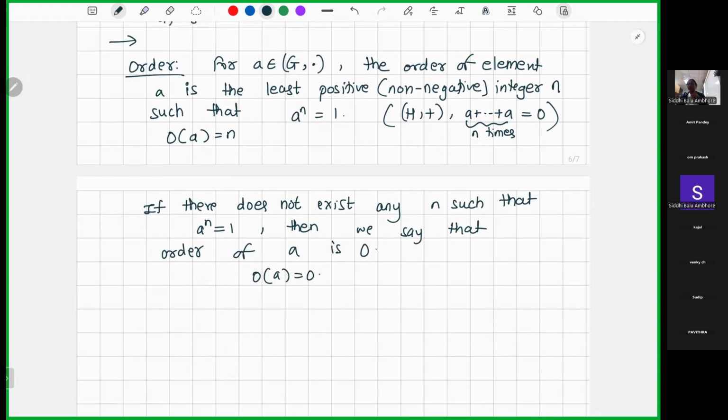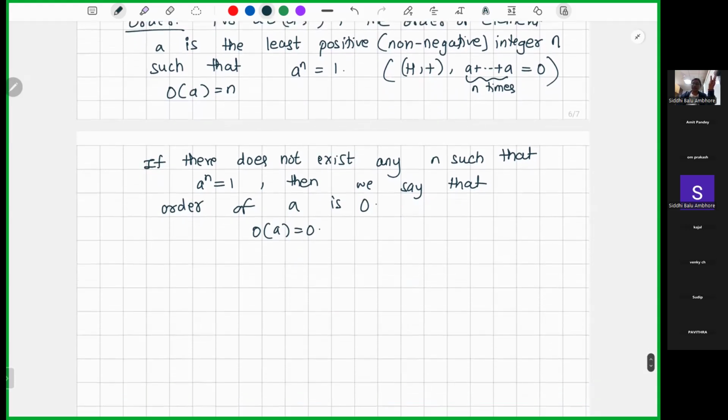If there exists some integer n such that A power n, or adding A n times, gives me the identity of the group, then we denote it as order of A is n, and it has to be the least positive integer, or 0.